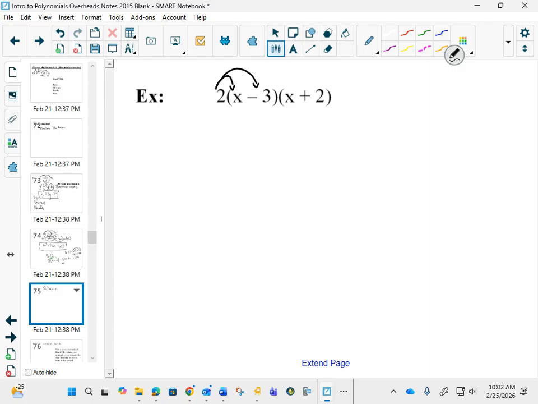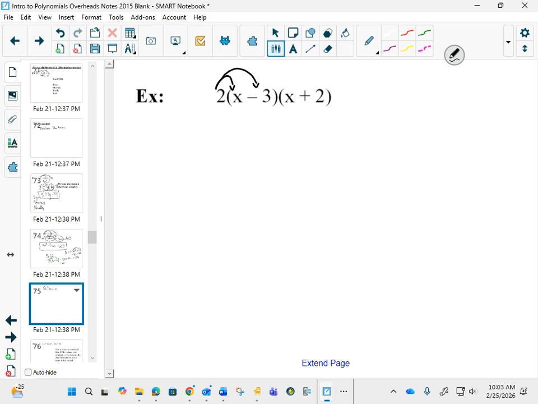And then I'd have to ask myself, if I distribute this 2 into the x minus 3, would it be fair to say that whatever I get from that still has to all multiply by this? Can we agree with that? Yeah. So I could do it, here would be one way. I'd have to figure out whether I want to show both ways, but let's just go through this.